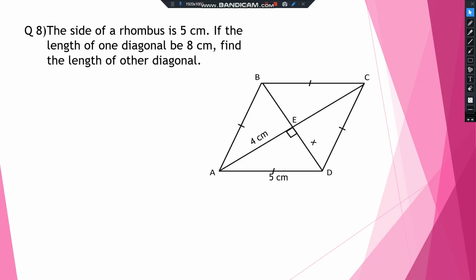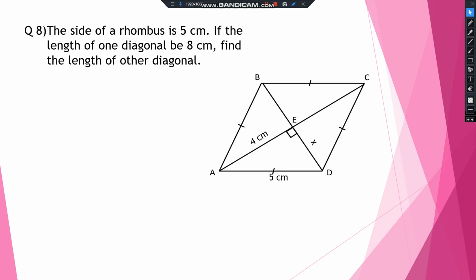So you must be thinking about a square. A square also has all four sides equal, but a square has all four angles 90 degrees each. But in a rhombus all four sides are equal, but each angle is not 90 degrees.